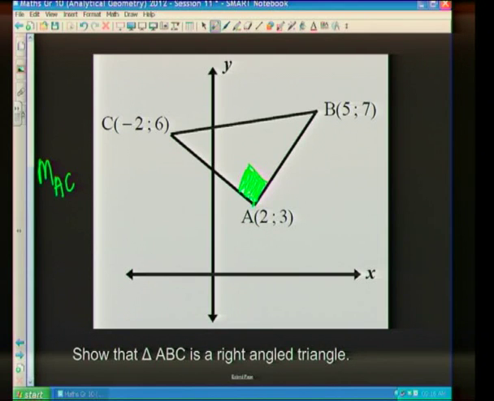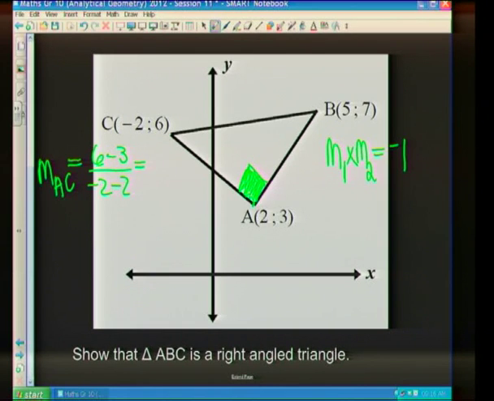Now remember, if two lines are in fact perpendicular, the gradient of the one multiplied by the gradient of the other will be negative 1. And that's what I'm going to be hoping for. So let's start with AC. 6 minus 3 over negative 2 minus 2.